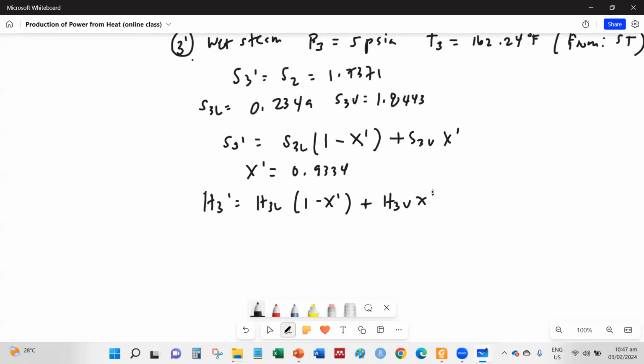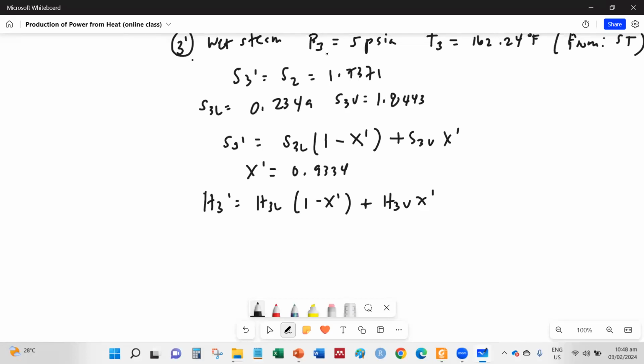And do we know the values of H3L and H3V? Yes, because we know P3, it's inside the saturation curve.